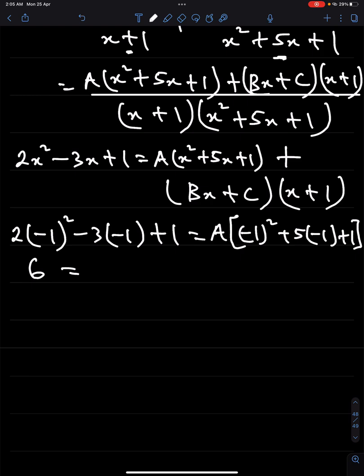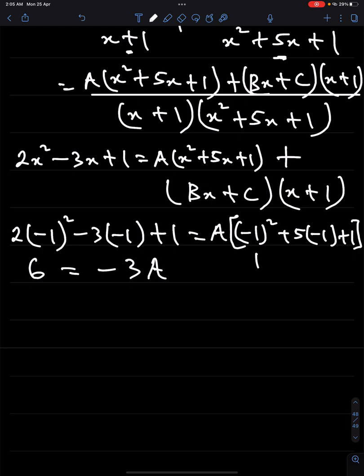And here, minus 1 squared is 1. 5 times minus 1 is minus 5 plus 1. That's 1 minus 5, which is minus 4, plus 1, and that's minus 3. So that's minus 3 times a, which is minus 3a. You have to be very careful here.